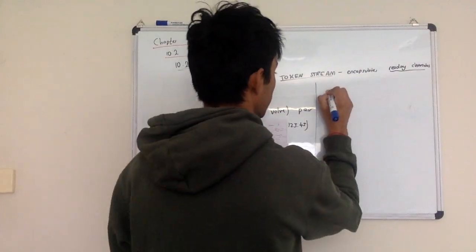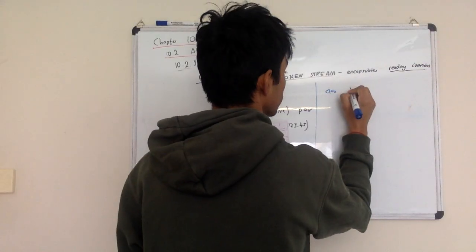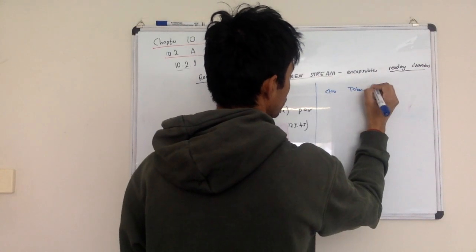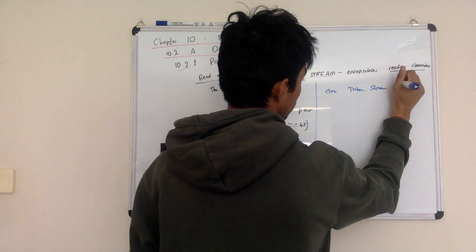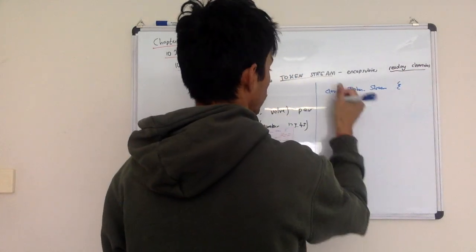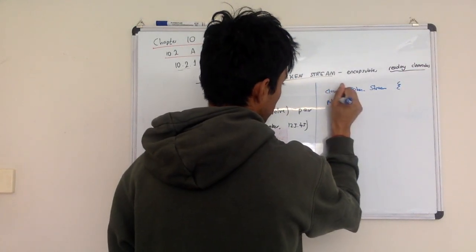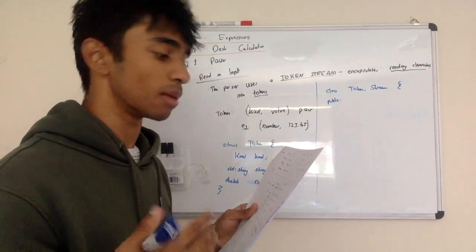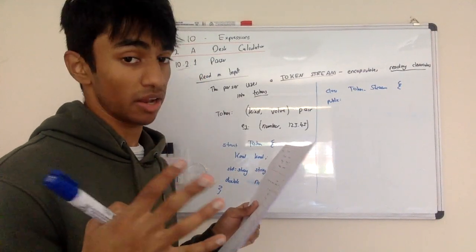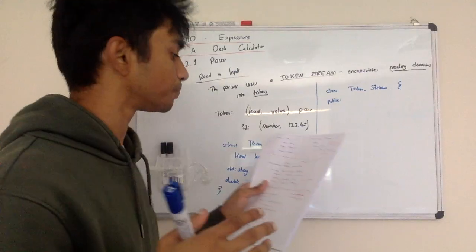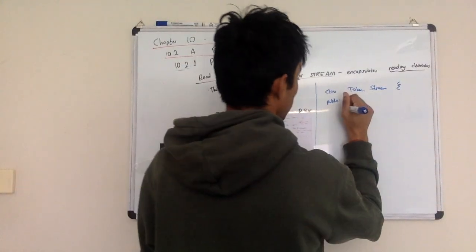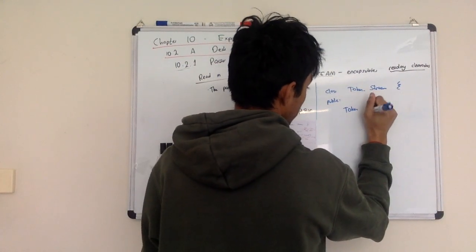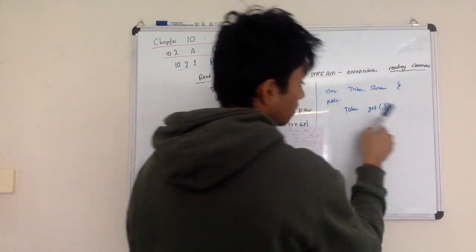So a class, you have token stream. You'll see the keyword public, meaning these particular member functions are publicly available outside of the class. So we're going to make a get member function.